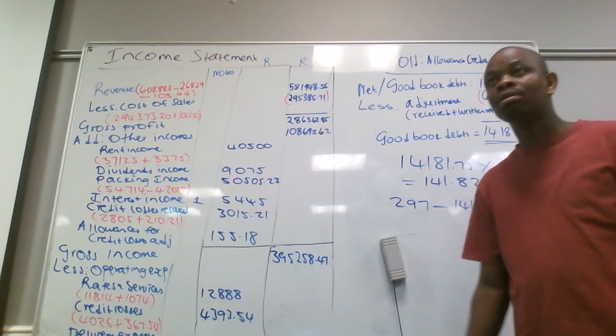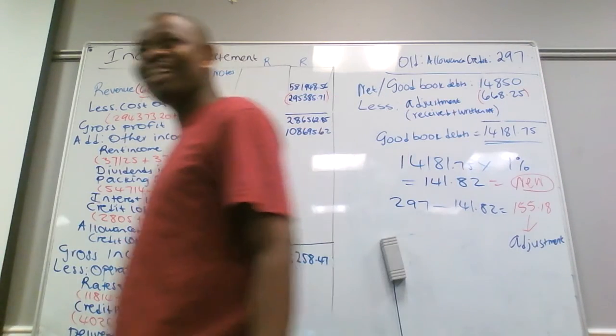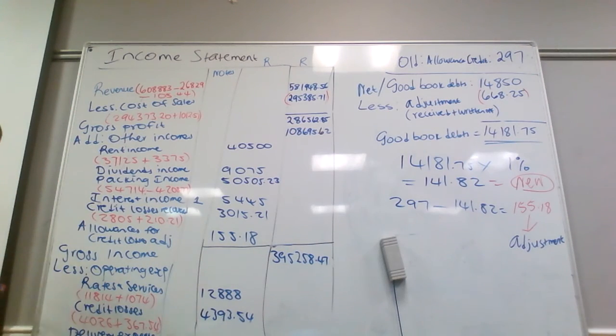What must we do now? That's right. Give me the balance of delivery first. 11,682. Guys, I don't have space, but I'm going to write it here.